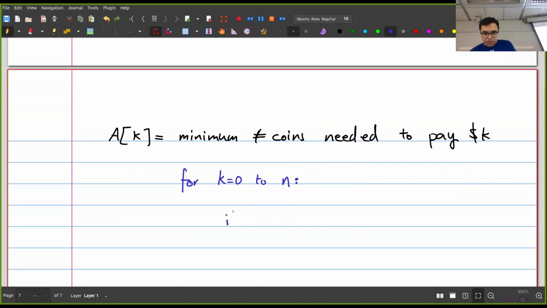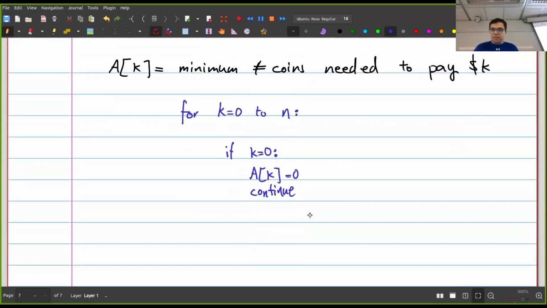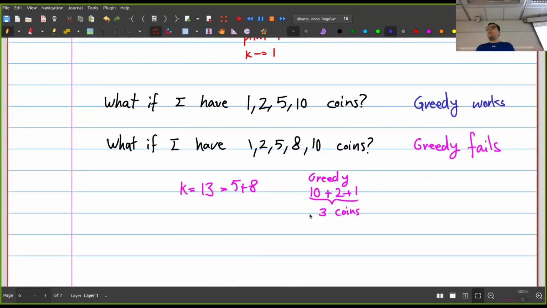So that's the first thing I do here. I say if K is 0, then A[K] is 0, and continue. Otherwise, if K is not 0, I want to pay K dollars, I have to use some coin, right? So I'm either going to use a 1 or a 2 or a 5 or an 8 or a 10 as the first coin that I'm giving out.